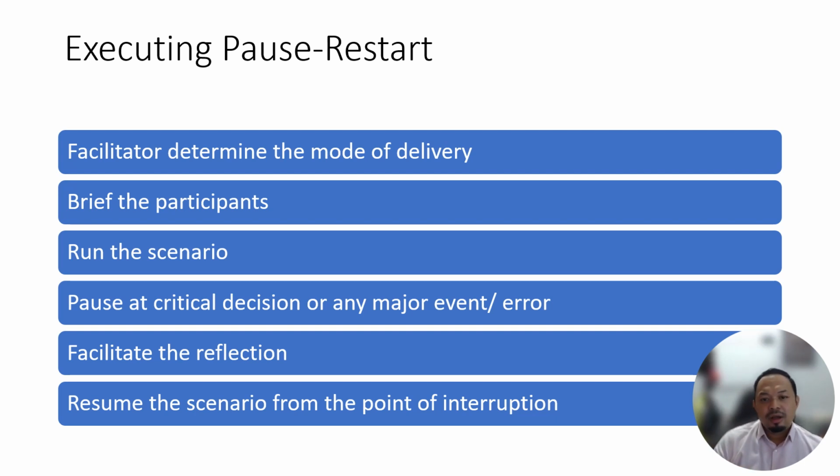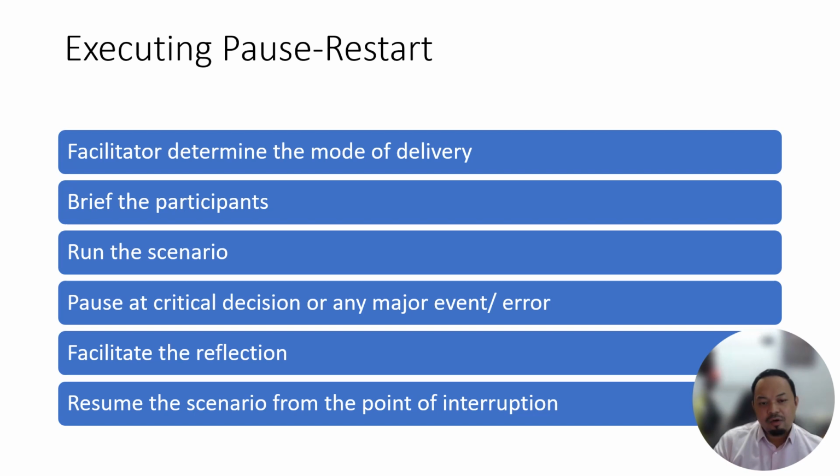Or in terms of critical decision, let's say the participant needs to intubate the patient, but they delay in intubation, you can pause because it involves a critical decision. So you pause and you debrief them on the indication for intubation, and you dwell around airway management. Then after the debriefing, you continue again until the end of the simulation activity.